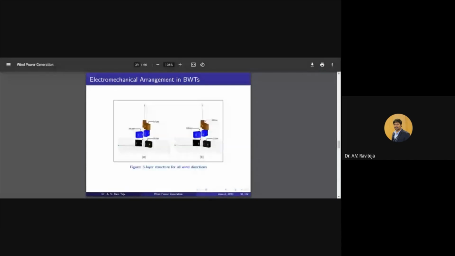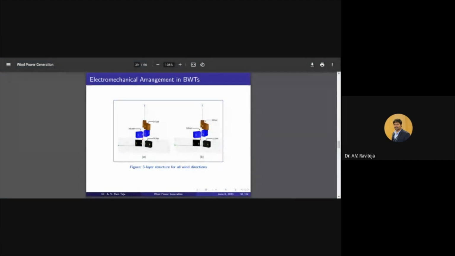So how to cater for all 360-degree rotation? Because in real wind generation, I can have wind in all possible directions. So I need to have this kind of maximum flux change in all possible wind directions.